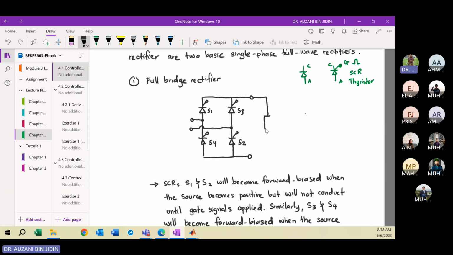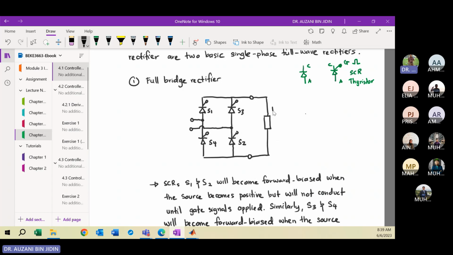So let me draw a rectangular symbol for the load. It can be any type of combination load: an R load, purely resistive load, a resistive and inductive load in series, or an RC load, where the capacitor and resistor are connected in parallel. So this is the load.